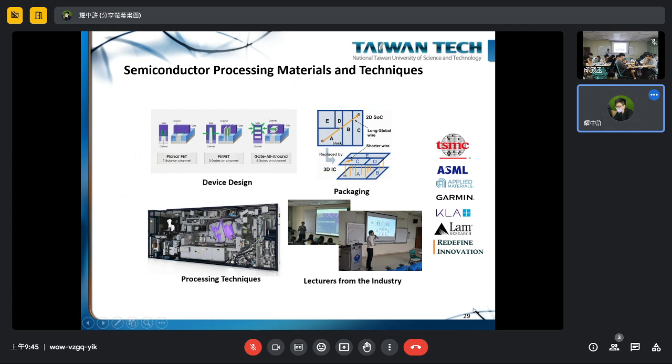And also some processing techniques. In the past generation, we tried to use UV light for the lithography. I will briefly talk about lithography in a later part.